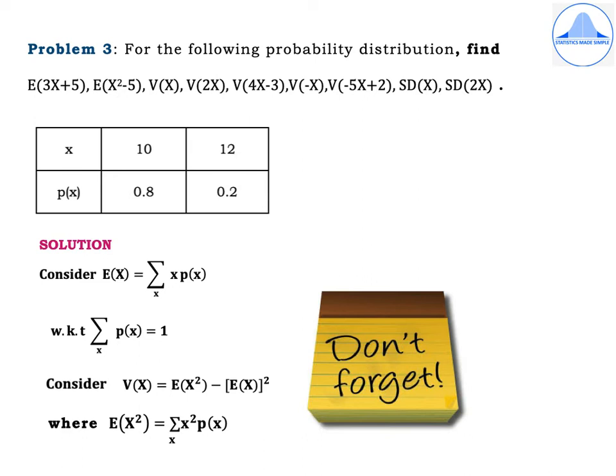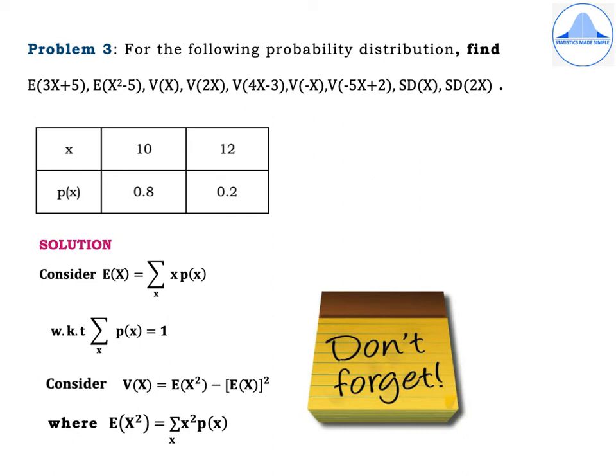Starting with the solution, let us write down all the formulae which are required. First, we need expectation of X, which is summation over x, x p of x. Then we also know that summation over x, p of x is equal to 1. That is, the sum of the probabilities is always equal to 1.